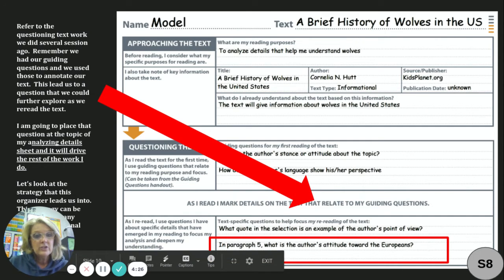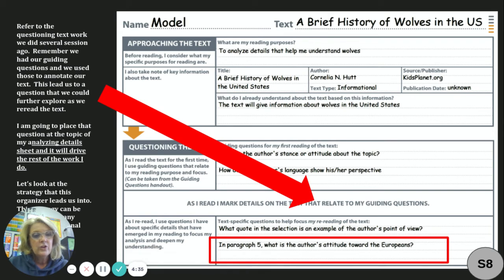Today we're going to move on to analyzing text-dependent or text-specific questions. So here, using the question stems that go with our Common Core standards, I created: what quote in the selection is an example of the author's point of view?